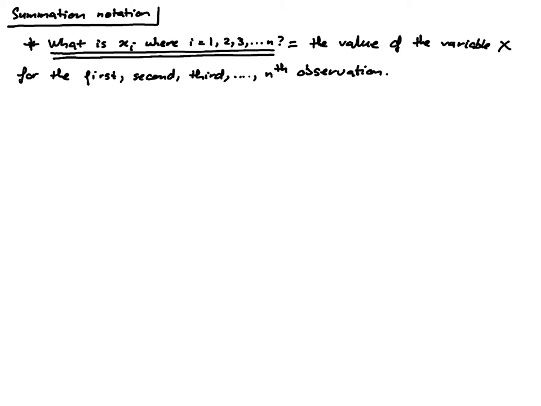So let's think about an example. Suppose I have a sample of 30 people, and I label them 1, 2, 3, all the way to 30.